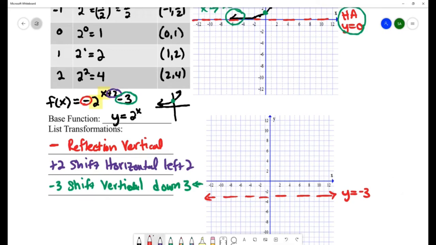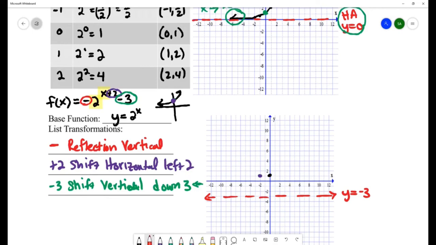So then I want to think about what's happening to that anchor point that is at 0, 1. So that anchor point started off at 0, 1. It's going to get shifted left 2. Let me use my colors. So when it gets shifted left 2, it would go here. Then it's going to get reflected.